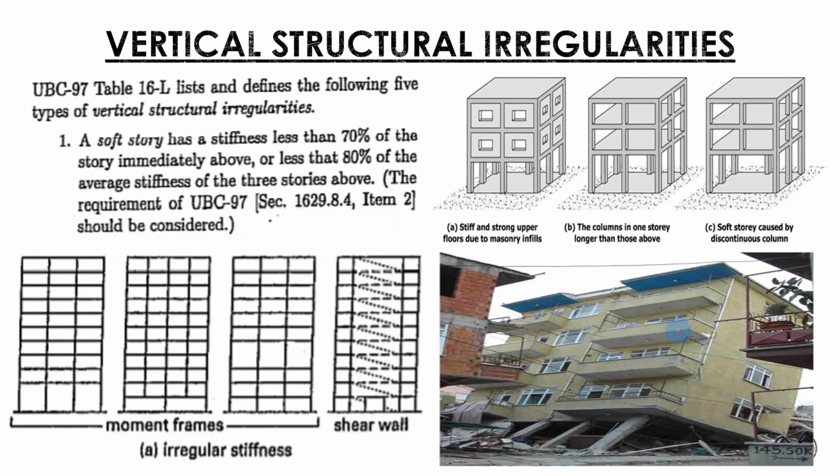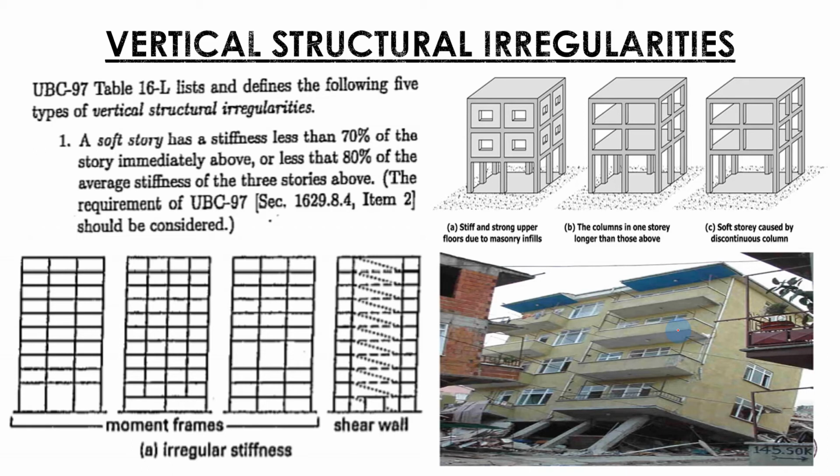Okay, so for vertical structural irregularities, UBC 97 table 16-L lists and defines the following 5 types of vertical structural irregularities. So mao ni ang una guys, soft story, mao ni ang typical na mga problema karon sa buildings sa Davao City pod during the earthquake. Kaning soft story kay sagaran dili ma-consider ang effect.